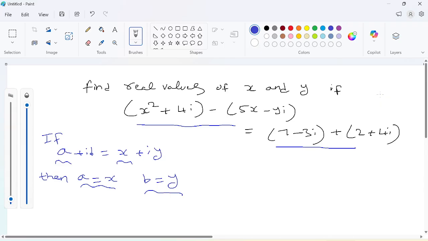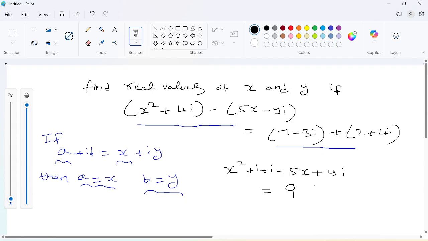Okay. Now with this, first we will expand the left hand side. Now x square plus 4i minus 5x plus yi is equal to, now you see. Here 7 plus 2 is how much? 9. You can add the real numbers, because we have seen in complex number addition that we add the real numbers, 9.